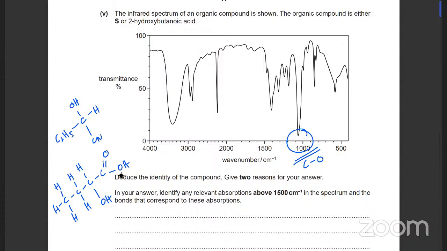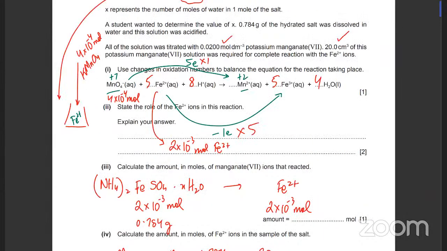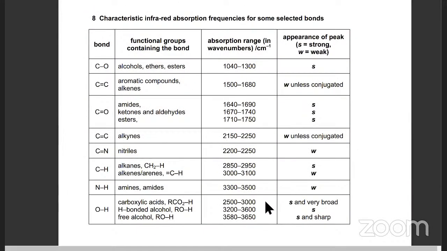Now the next one, you'll try and focus on the other one, this one, somewhere around 3400. If I open the data booklet, around 3400 I have absorptions for these ones. So it's these two. It's an alcohol, not a carboxylic one. It's an OH bond that belongs to an alcohol, because that's around 3400.